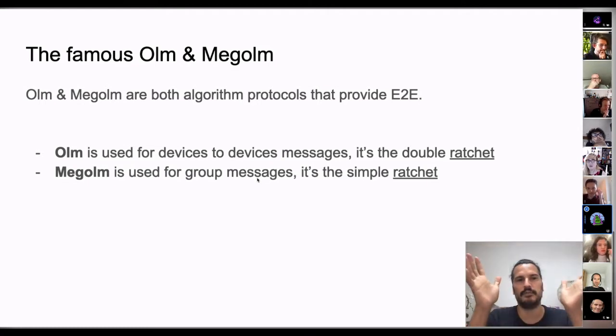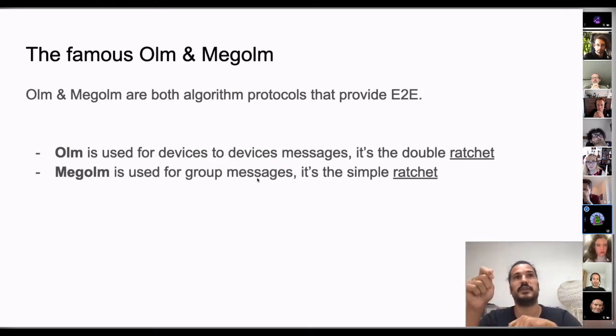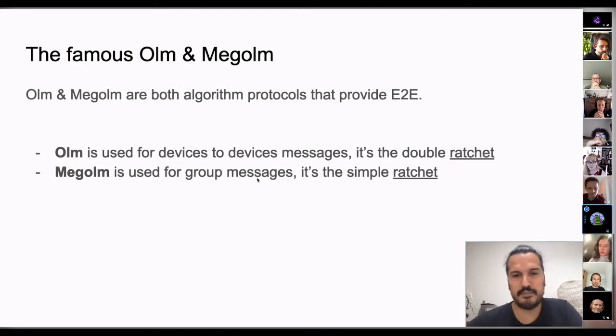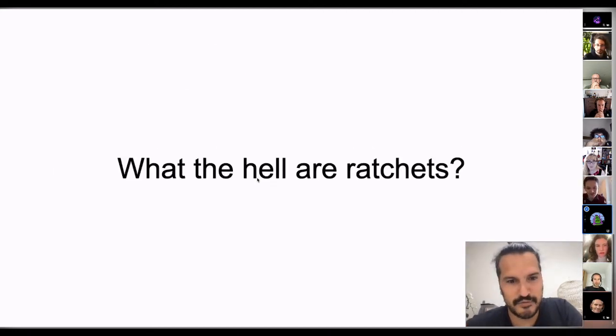Olm and Megolm are both encryption protocols that provide E2E. Olm is used for device-to-device messages, it's the double ratchet, and Megolm is used for group messages. It's a simple ratchet.